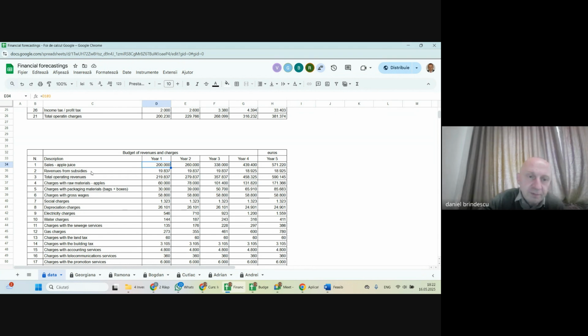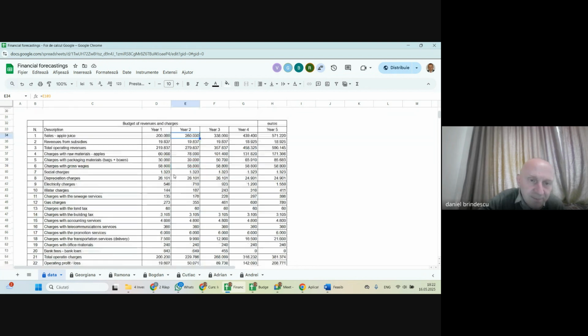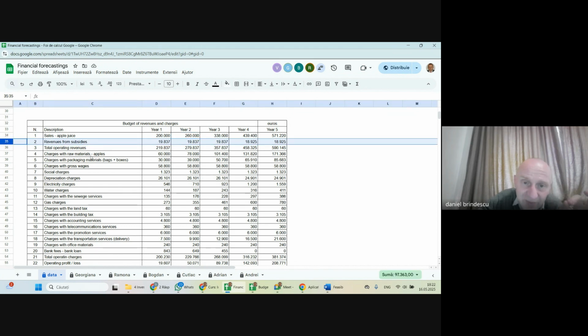So I'm going to leave these amounts such as they are, so equality between the cash inflows and the revenues from the sales. However, I cannot do this for the revenues from subsidies.